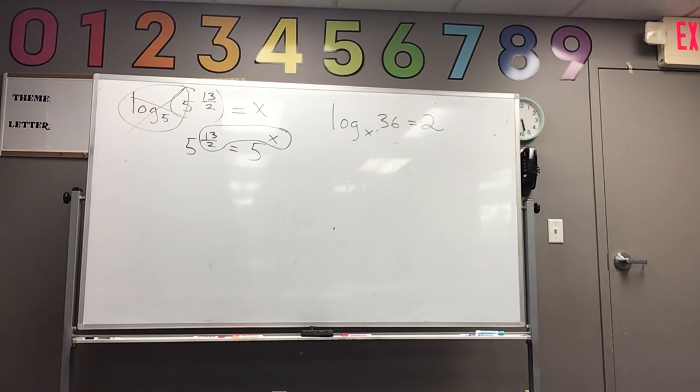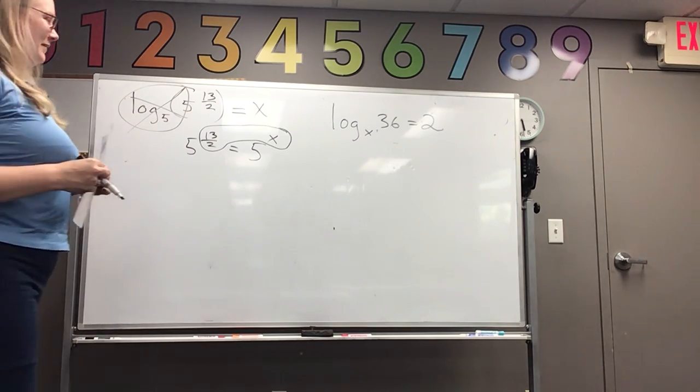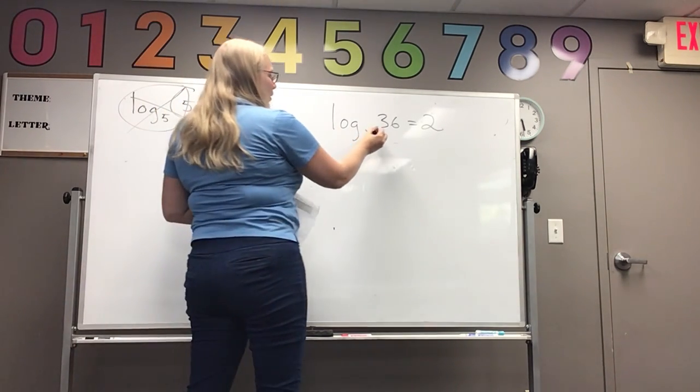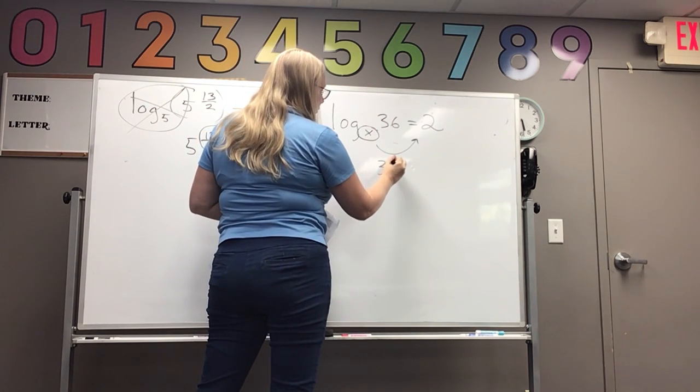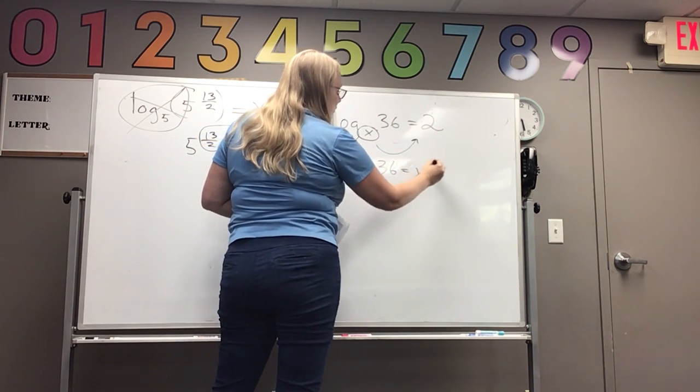What are you getting? 6. Yeah. Remember, the base goes on the bottom, and so you're just answering the question 36 equals x squared.